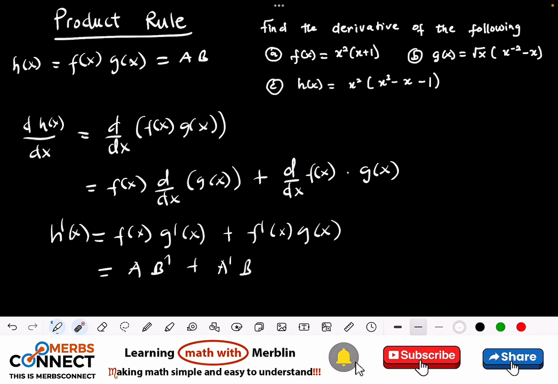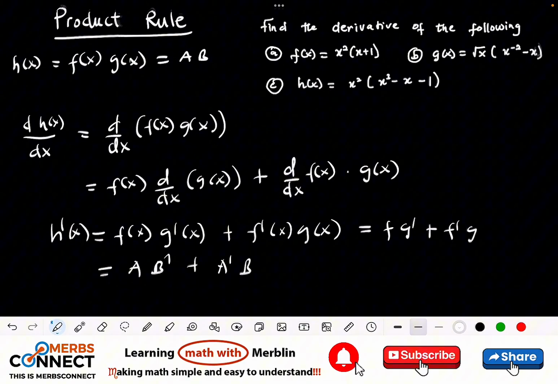Because some of the functions that we are going to differentiate in the subsequent videos, you will see that it's always better for you to choose your a and b, or g of x and f of x, and do the cross multiplication. But know that this is how the product rule works: a b prime plus a prime b. This one too can be written as f g prime plus f prime g. It's also the same thing.